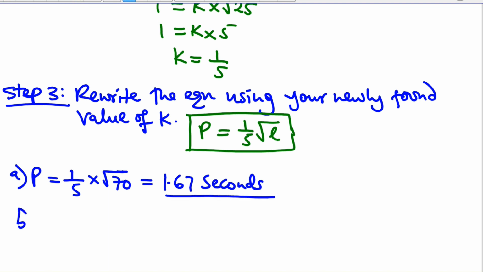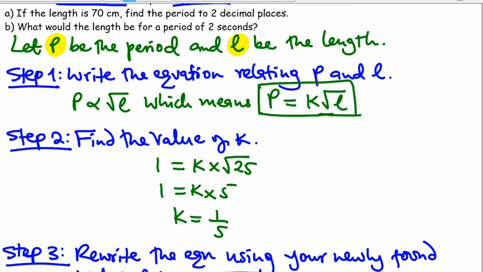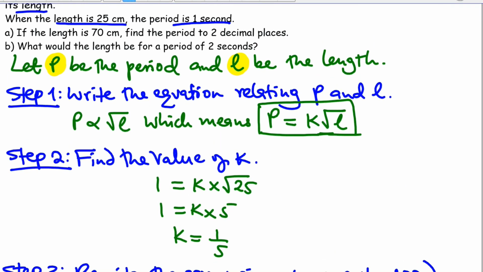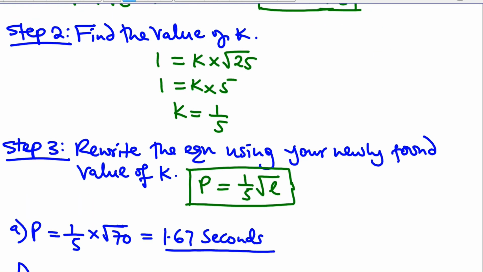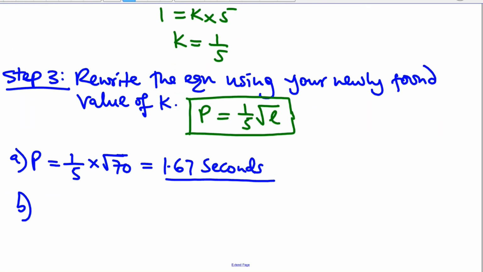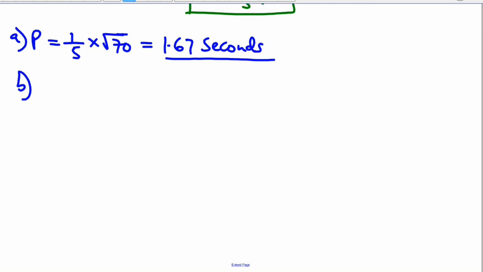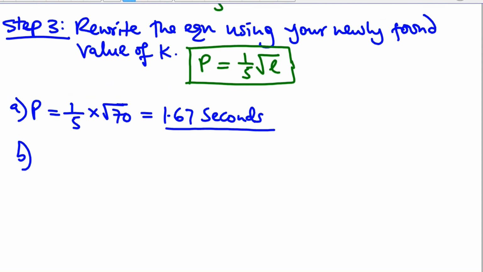And for part B, what will the length be for a period of 2 seconds? So what we need here is just to plug in 2 in place of the period. So 2 is equal to 1 over 5 multiplied by square root of L. Now the opposite of dividing by 5 is multiplying by 5.